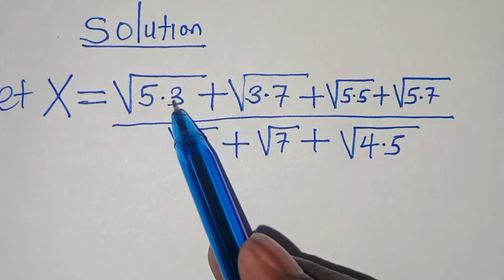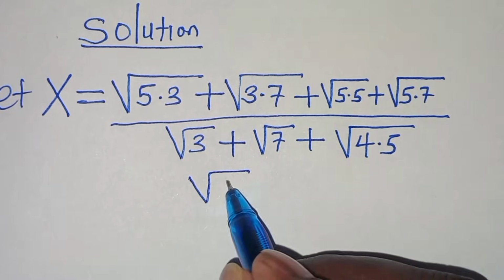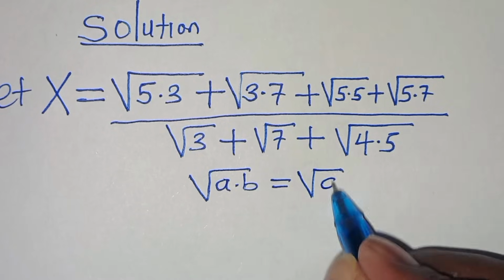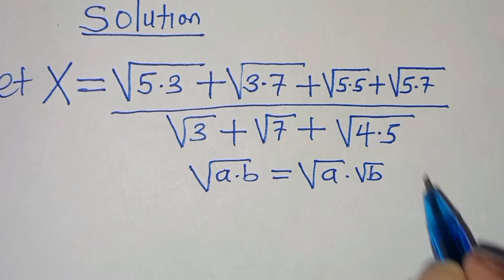Now, square root of 5 times 3 is in the form of square root of a times b, which we can express as square root of a times square root of b.